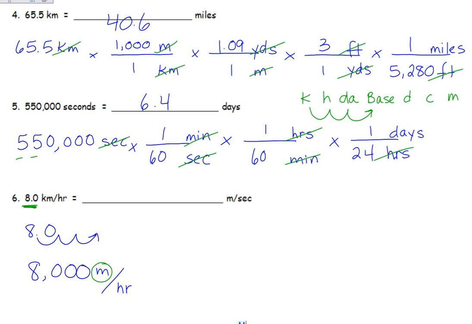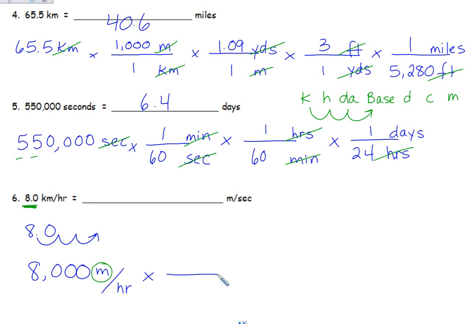So we're going to set up a proportion. And now watch what happens. The unit that I want to cancel, I've been saying all along, you usually put it on the bottom. You want it to cancel. But this time the unit that I want to cancel is already in the denominator.